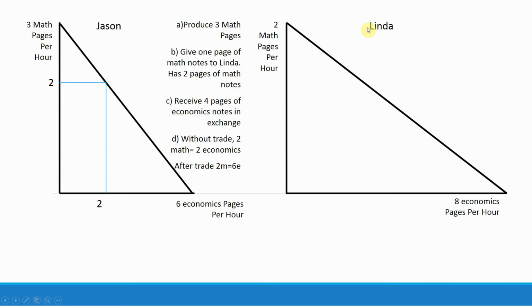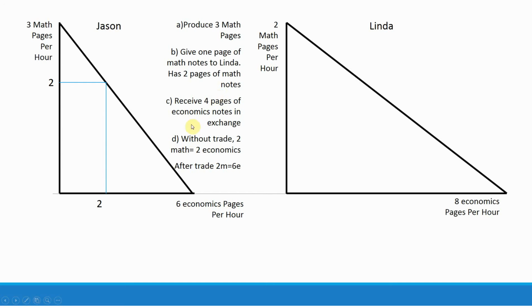Because Linda produces economics notes at the ratio of 1 for every 1 math page, she can produce 4 economics pages per hour. Jason can receive 4 pages of notes in exchange for the 1 math note that he traded with Linda.